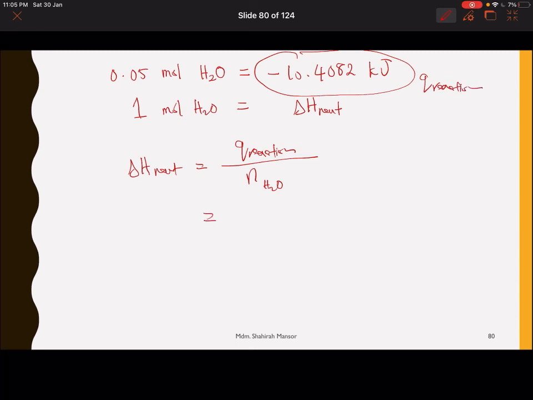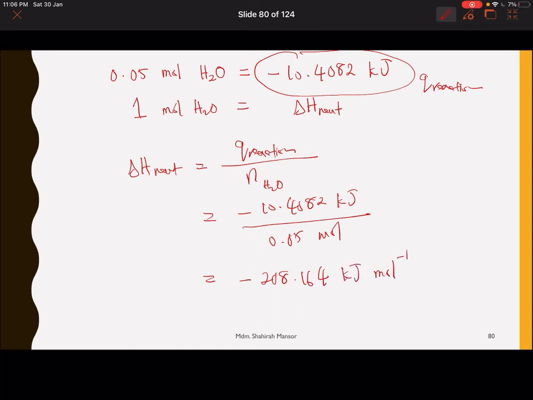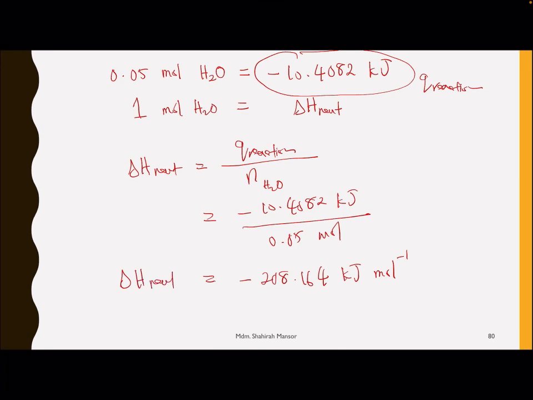By substituting the values, you will get negative 208.164 kilojoule per mole. So this is your answer for the enthalpy of neutralization, meaning that this is the amount of energy that will be released in order to form 1 mole of water. But the one that you calculated just now is the amount of heat released when 0.05 mole of water is formed from the reaction.